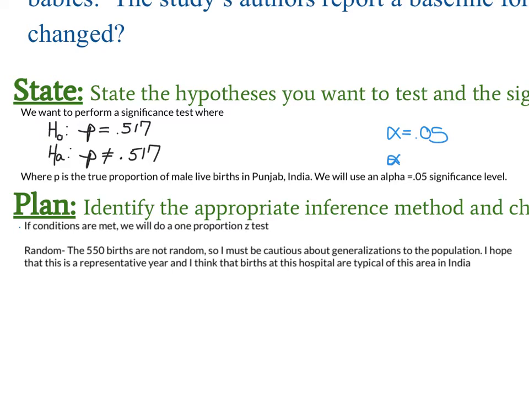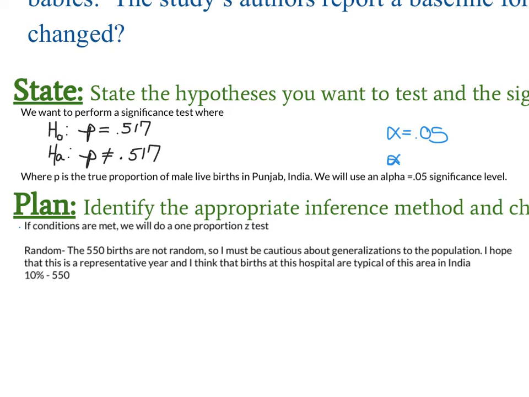But then I'm going to say, I hope that this is a representative year, and I think that the births at this hospital are typical of this area in India. So that's my way of stating that I recognize that I have an issue with this test. However, I'm assuming that it's representative of the population so that I can still continue.